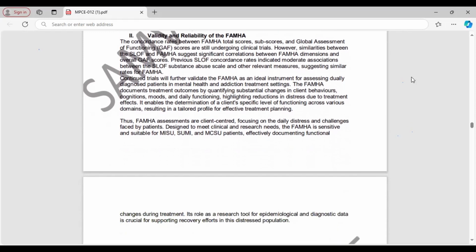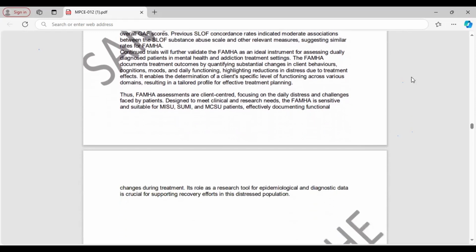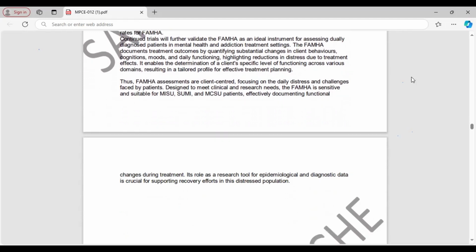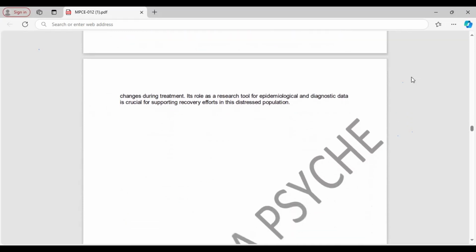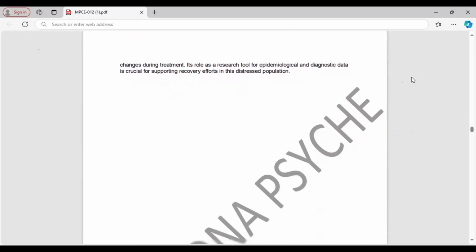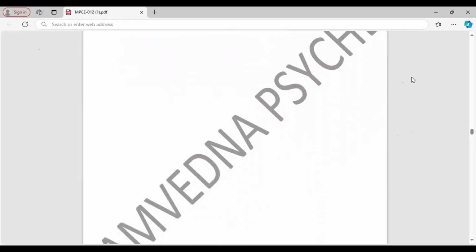In summary, FAMHA is a comprehensive assessment tool designed to support both clinical treatment and research efforts. It helps clinicians measure and monitor treatment outcomes, making it highly applicable for dually diagnosed individuals dealing with mental illness and substance misuse. Let's move on to section B now.